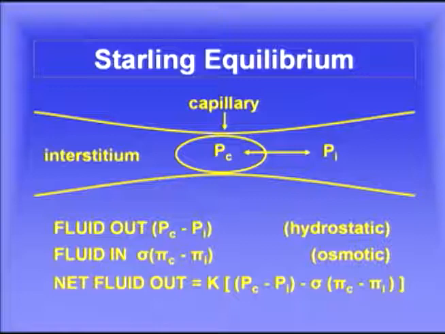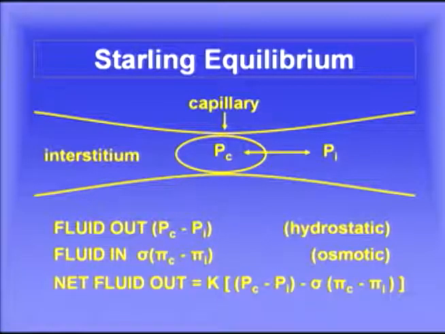It's a relatively small amount, but it's a continuous loss of fluid from the capillary into the interstitial space. Now, that's a very important point, because what that means is that whenever we disturb the equilibrium here, for example, we raise the pressure in the pulmonary capillary, we're going to increase the amount of fluid coming out of the capillary.